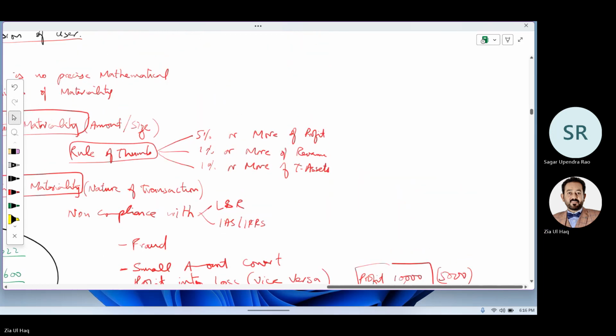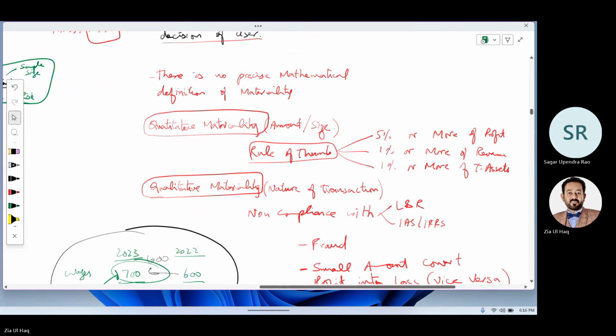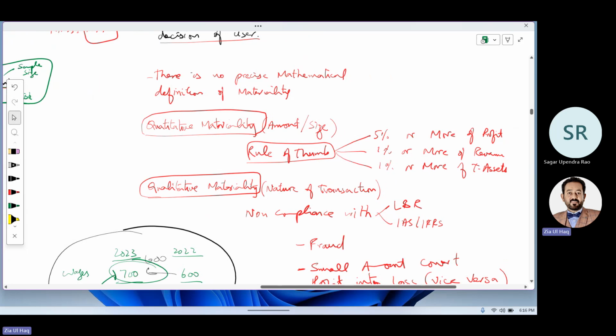Okay. What happens? We have defined the rule of thumb as 5% or more of profit. Instead, the standard has defined the threshold as 5 to 10% or more of profit will be considered material, 0.5% to 1% or more of revenue, and 1% to 2% or more of total assets.